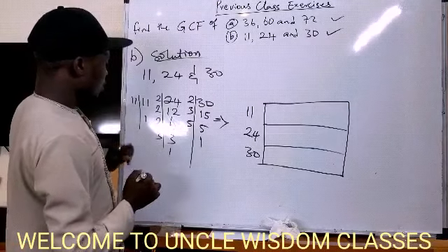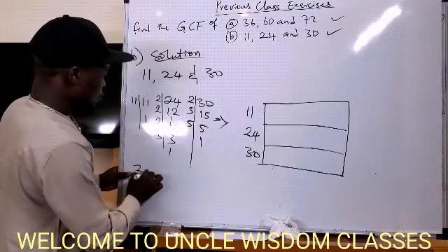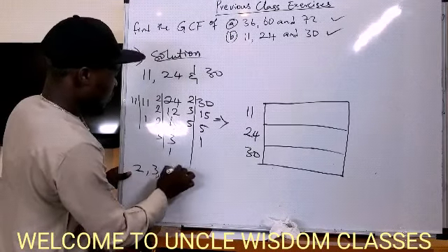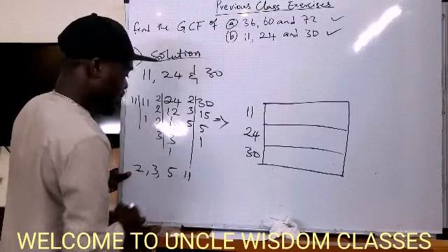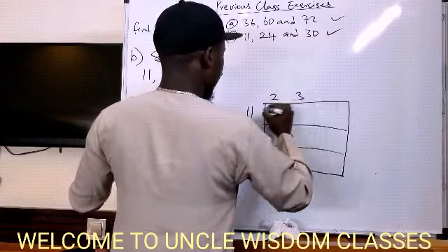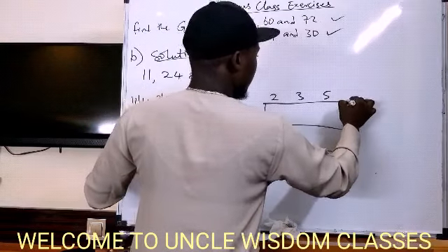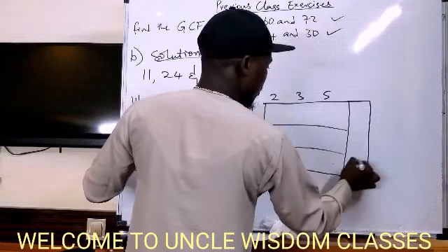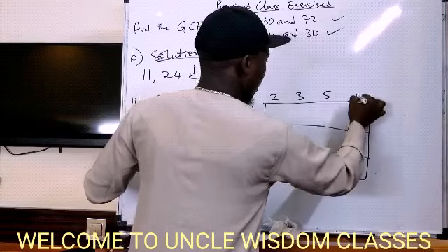So the numbers that we have here are 2, 3, 5, and 11.